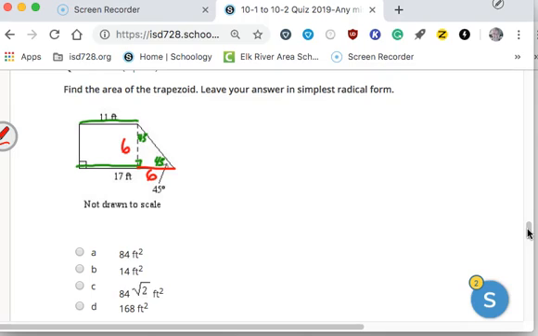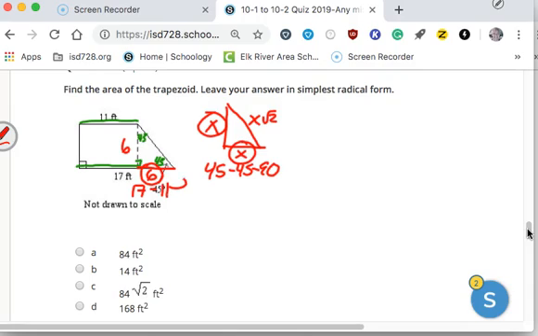So this must be 6, because this is a 45, 45, 90 pattern, and I've got to know that these legs are the same. I got the 6 from 17 minus 11. And because this is 6, this also is 6.